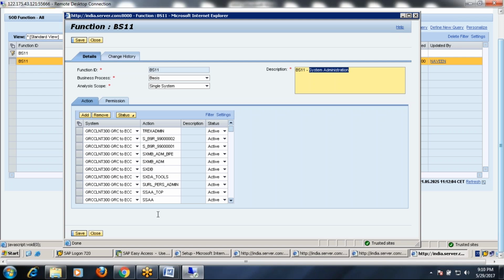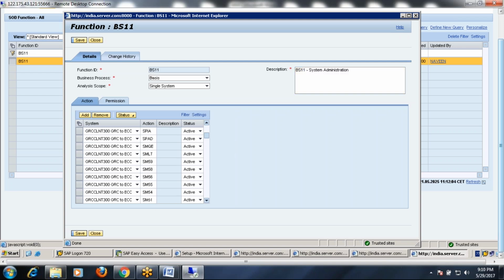These are the T codes given here: XSDB, XSDA tools, SSAA. So you need to have proper knowledge of the T codes used for system administration.